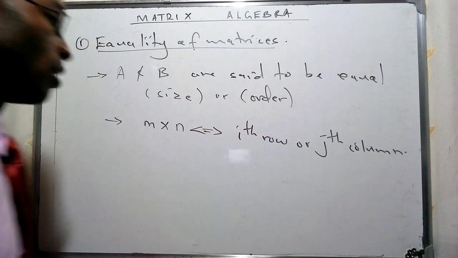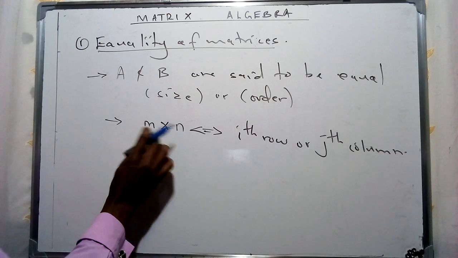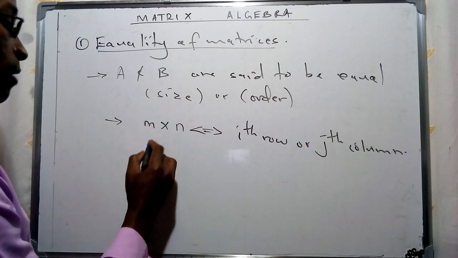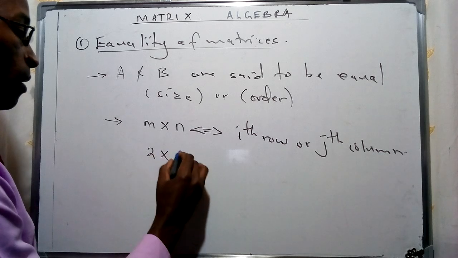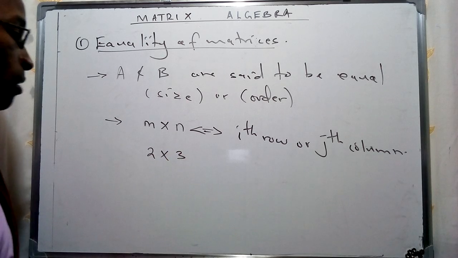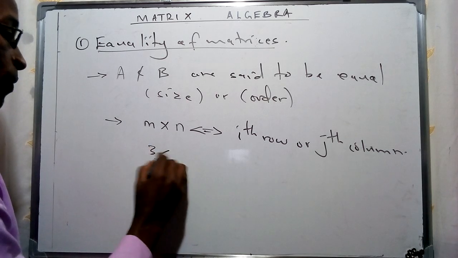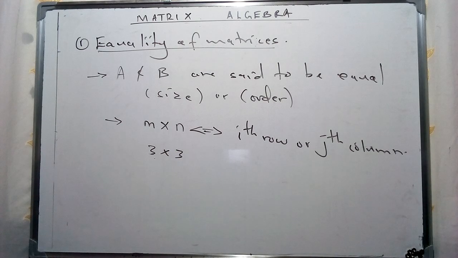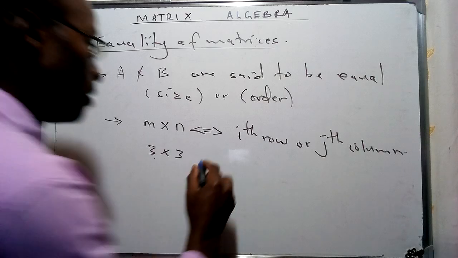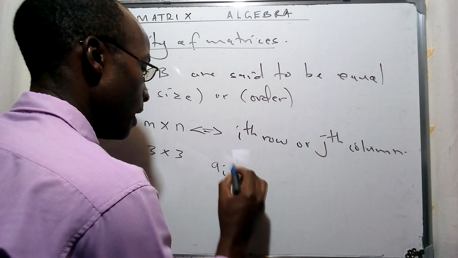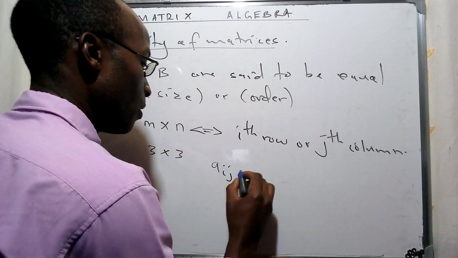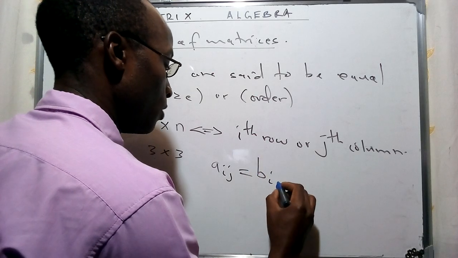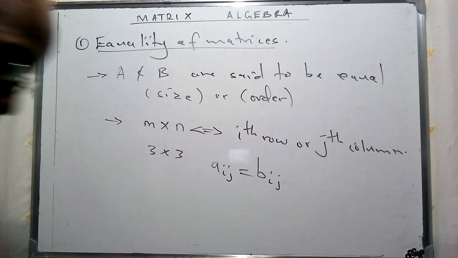So a matrix of order m by n, for example a 2 by 3 matrix or a 3 by 2 matrix, is of the same order as matrix B if it has the same values for the ith row and jth column, with matrix B consisting of an ith row and jth column as such.